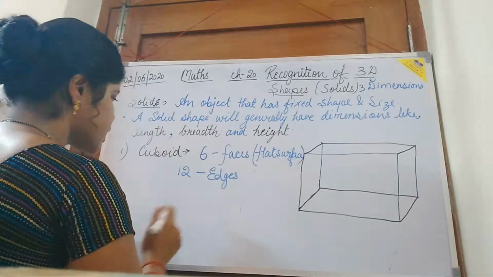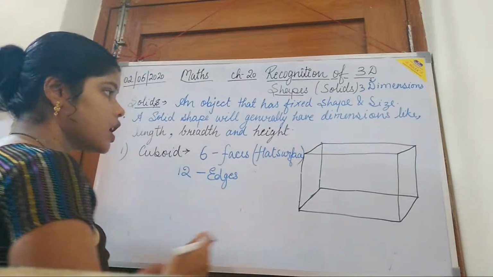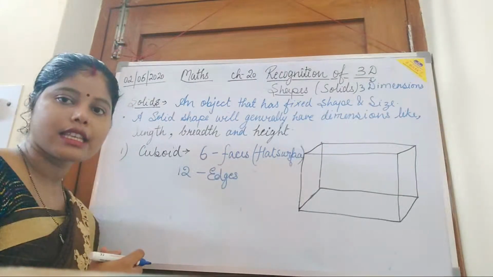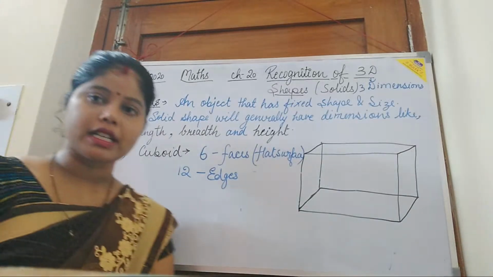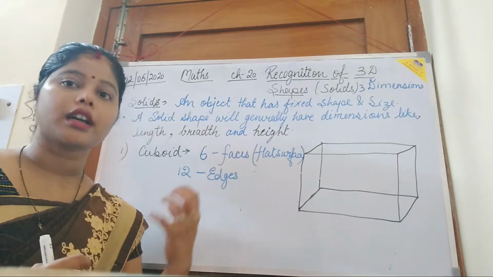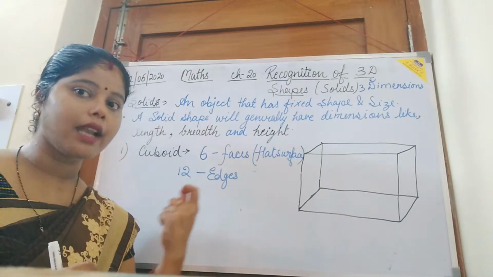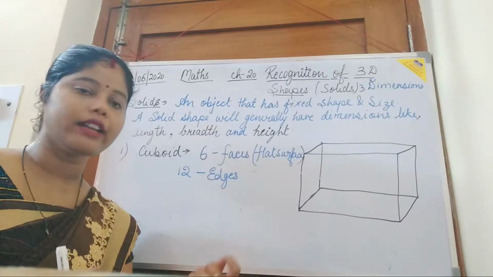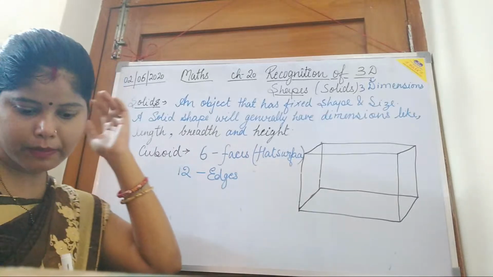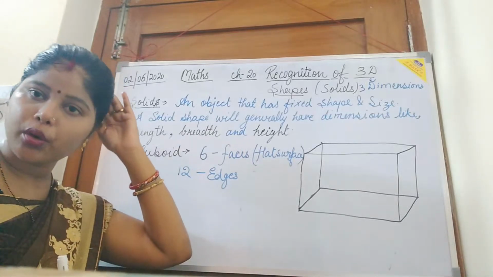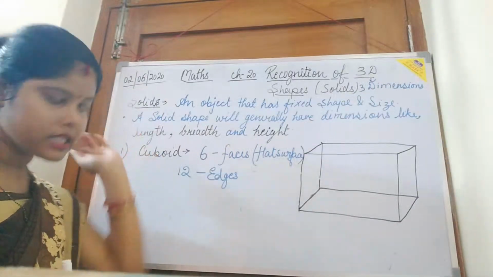Now after edges, the vertex. When 3 or more line segments meet at a single point, it forms a vertex. The vertex of a solid shape is a point where 3 or more edges meet.